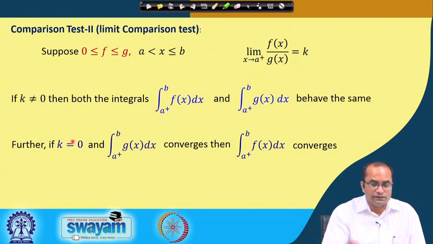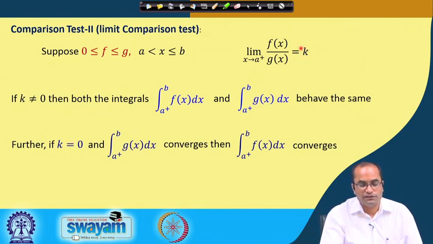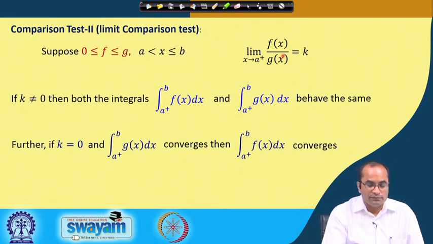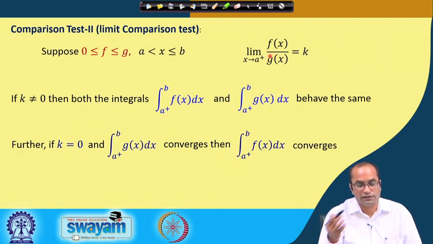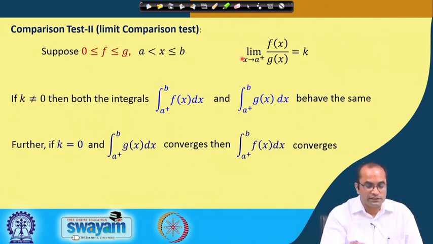Further, if we get, for example, this k to be 0, what is happening in this case? That means g is growing much faster, and perhaps going to infinity, than f(x). So, we got this 0. It seems that g is having larger values as x approaches a.